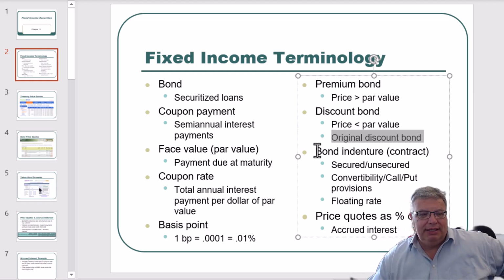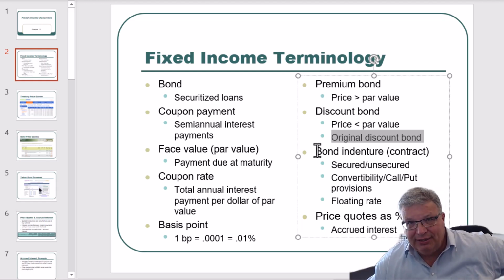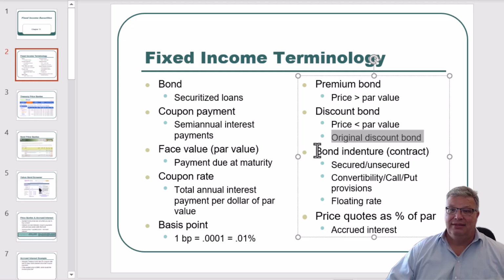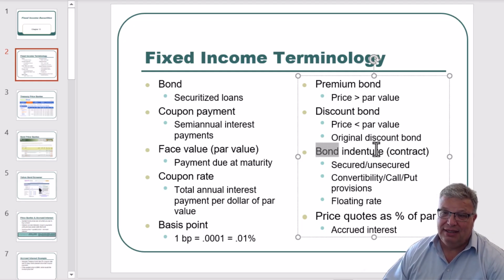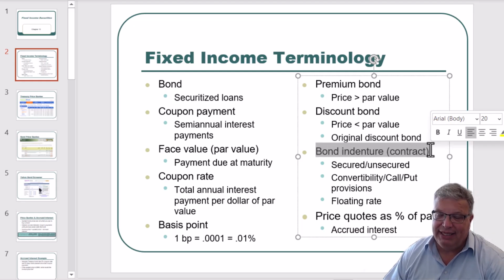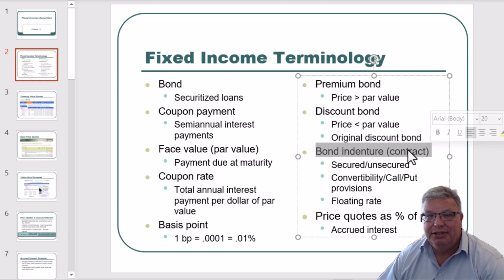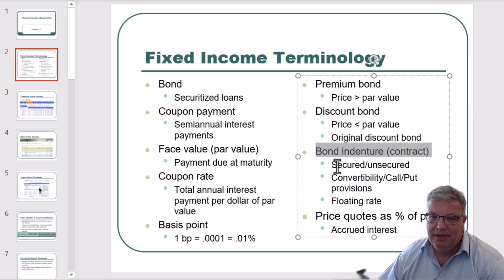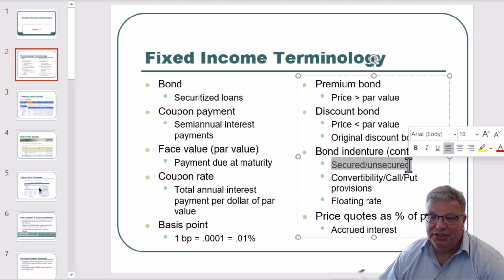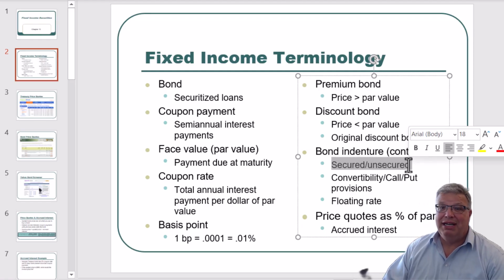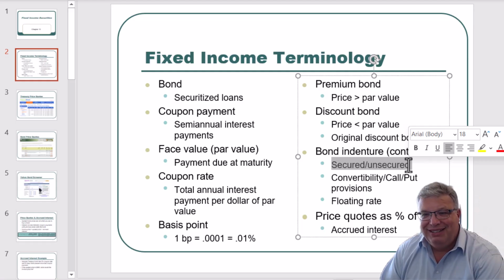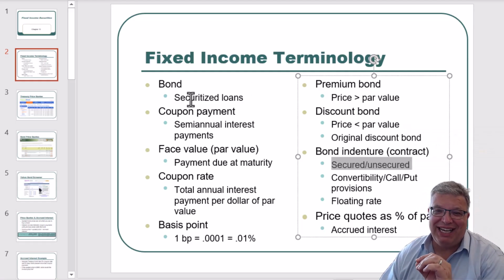Every bond issuance is like a security, has a contract backing it up, and we call that contract a bond indenture. And that'll list things like whether or not the bond is secured or unsecured. By secured, I mean this is not the same as securitized.